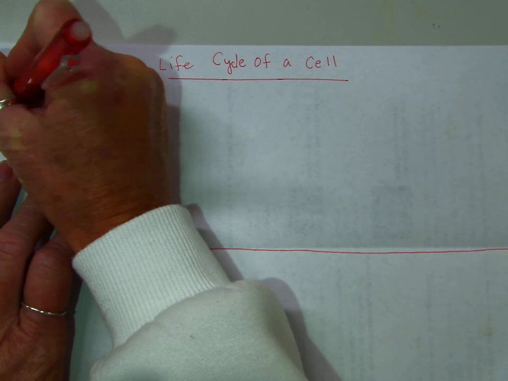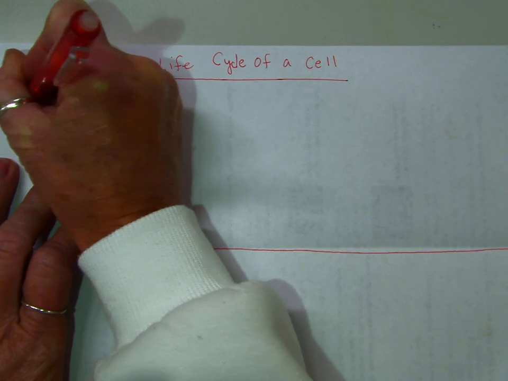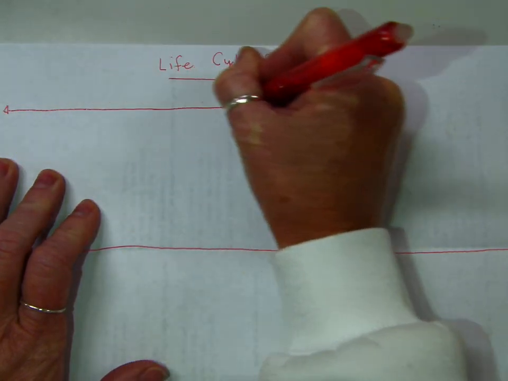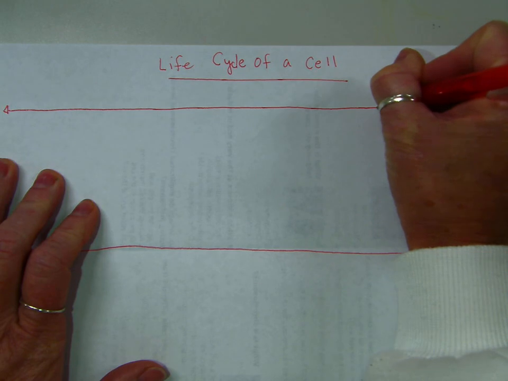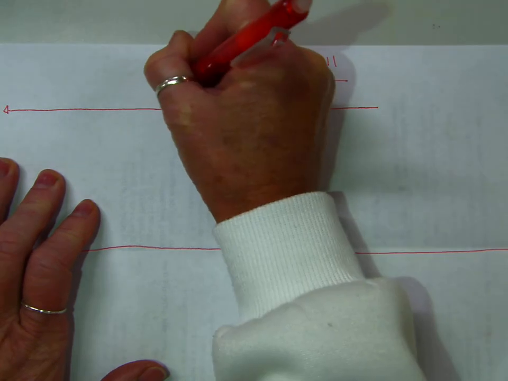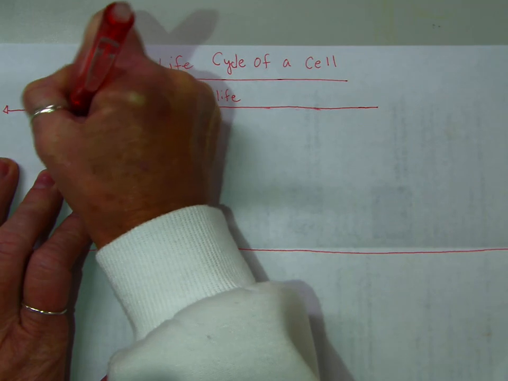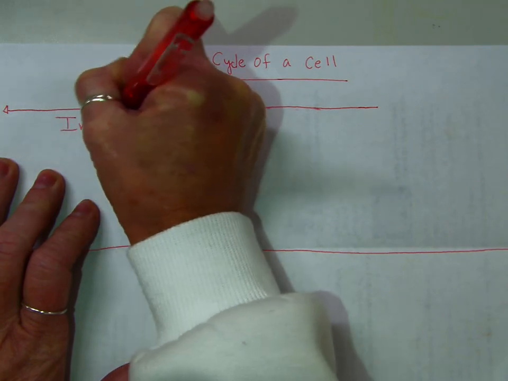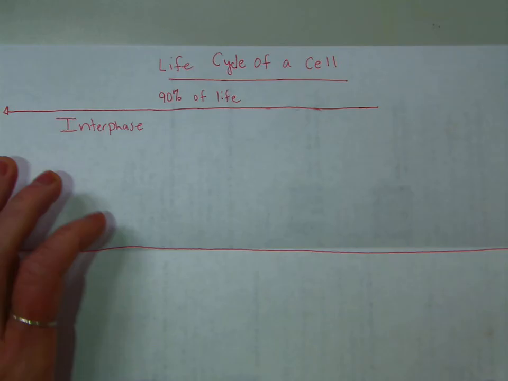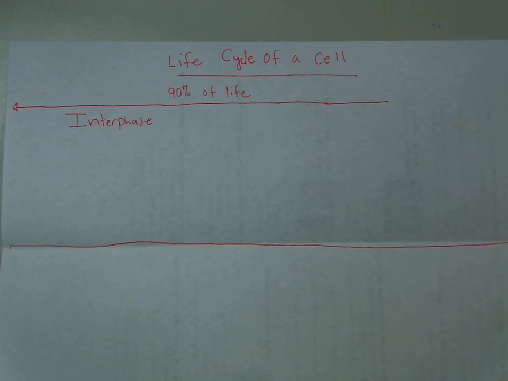Most of the cell's life is spent in something called interphase. And I'm just going to draw a line here. 90% of life is something called interphase. And that's just the cell doing its job. So if it is a blood cell, it's carrying oxygen and nutrients throughout the body.